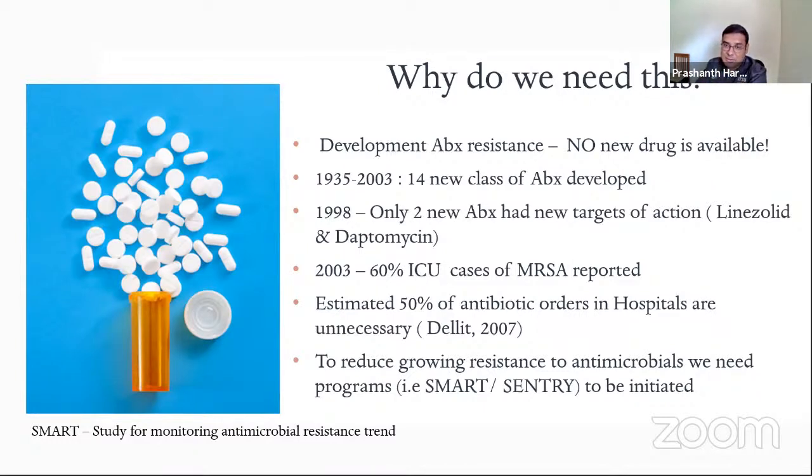There are reasons for it. One major reason is that pharmaceutical companies think it's a lot of investment to do the research and development. Globally, only 8 companies have done research and development for new antibiotics in the last 21 years.